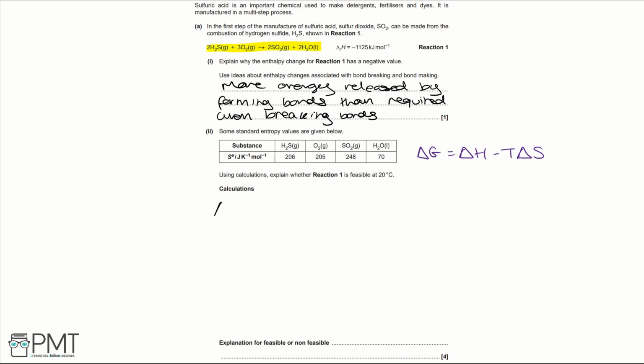And that would be delta S equals brackets 2 times 248, because what we're doing is we're working backwards. So we're going to do products minus reactants. So that's part of our products, our 2 times 248 plus 2 times 70, because that's our standard entropy value of water.